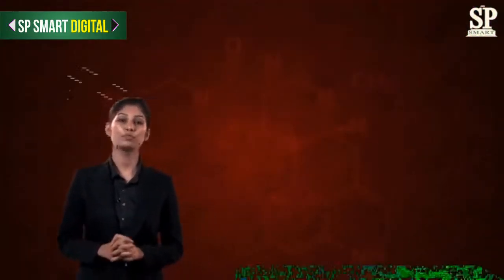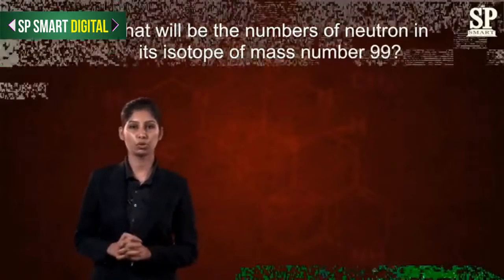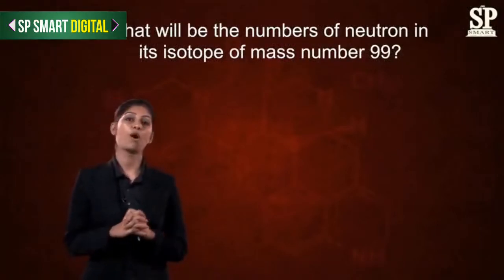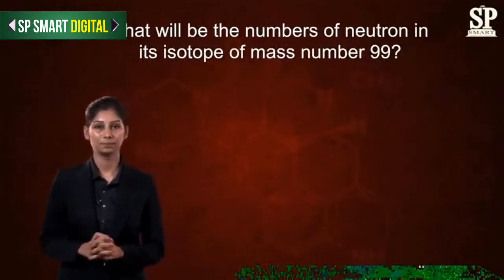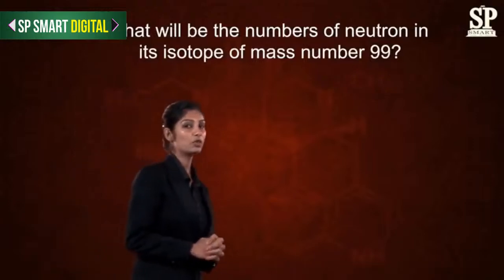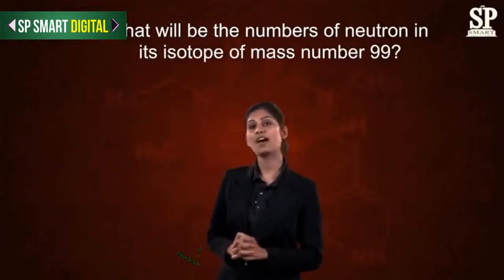Now let's look at another example. The number of protons in the nucleus of an atom of mass number 97 is 41. What will be the number of neutrons in its isotope of mass number 99? Now let's try to solve this. Isotopes have same atomic number. Therefore, the number of protons in both the atoms is same.